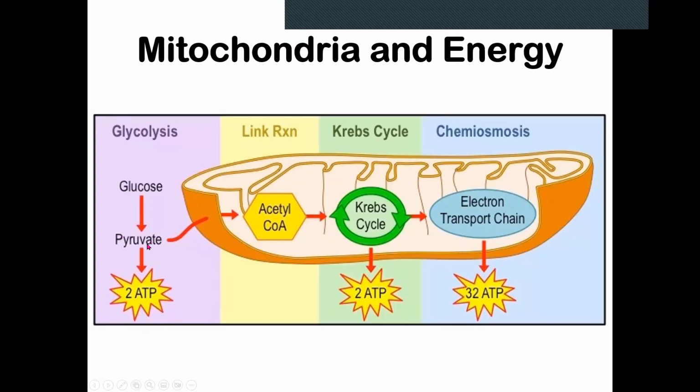Then this pyruvate is moved into the mitochondrion and goes through these processes, and this Krebs cycle produces another two, and the third stage will eventually produce 32. So if you add these numbers up, you'll end up with 36 ATP. So one glucose molecule will produce 36 ATP molecules. It's a very efficient system.